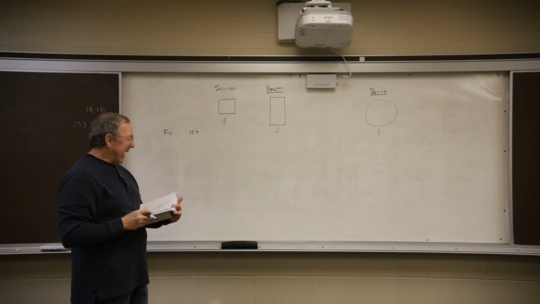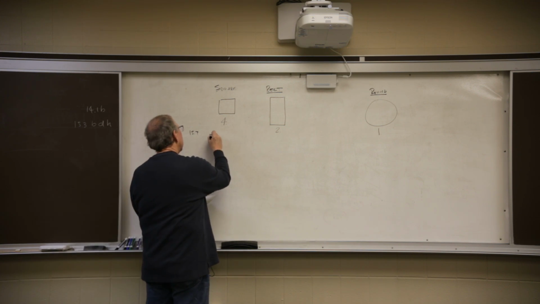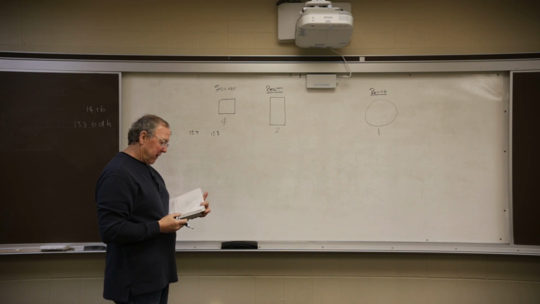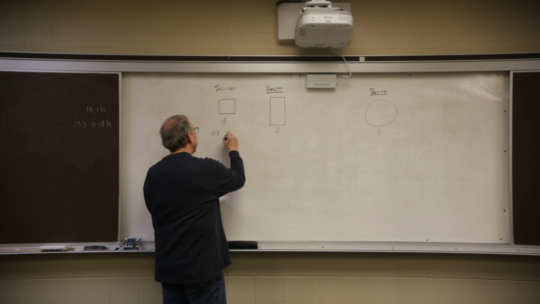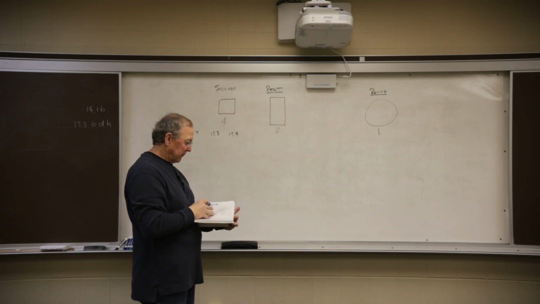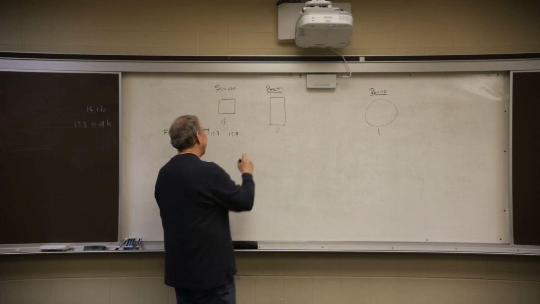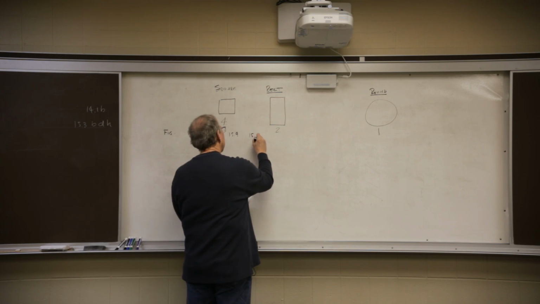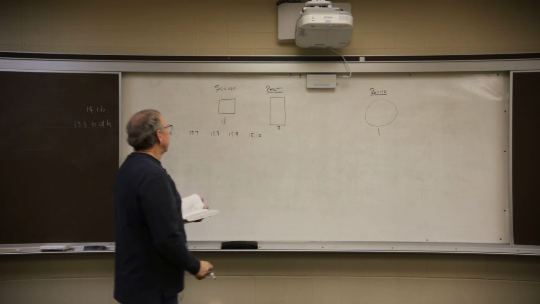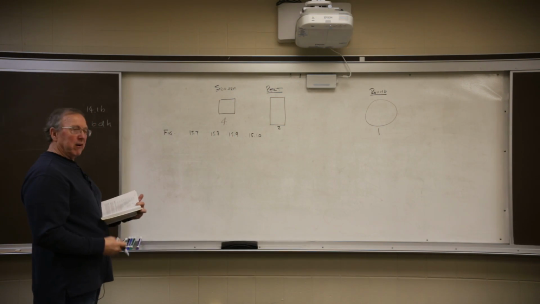Figure 15.8 is square. Cross page, square. 15.9. Turn the page. Next one's 15.10. So there's the 4 tables for the square.